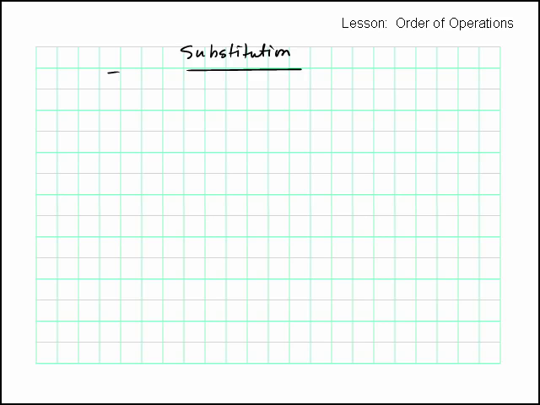And using that information, we're going to evaluate the following expressions.